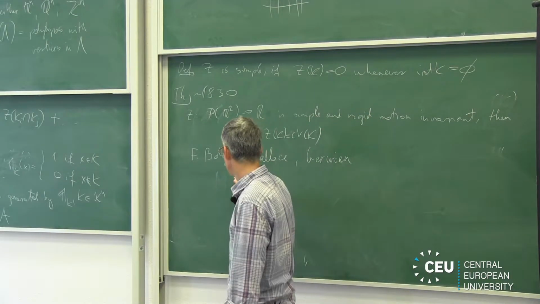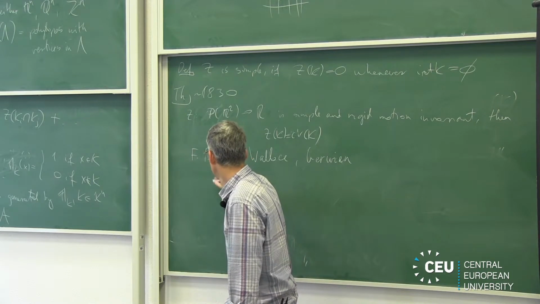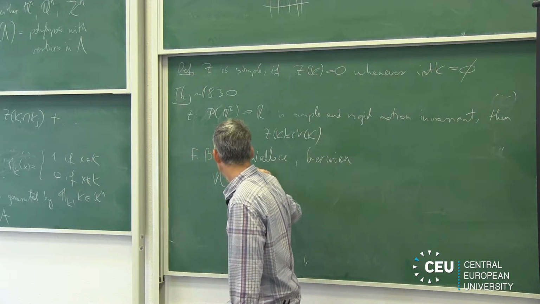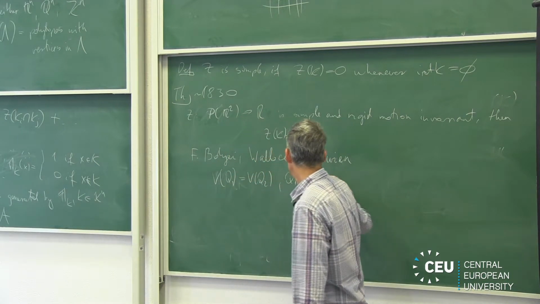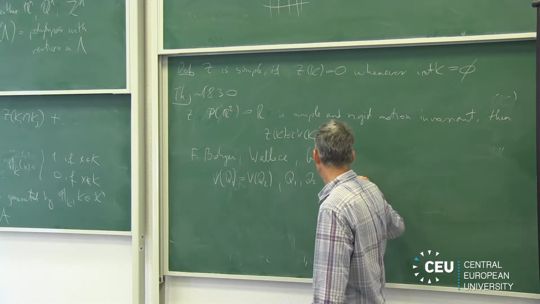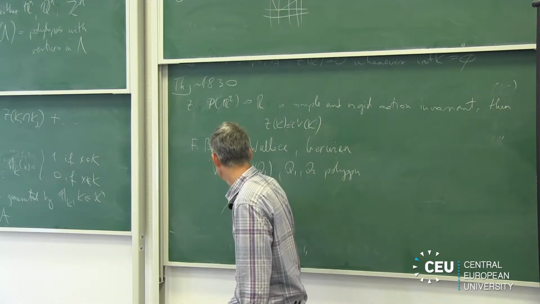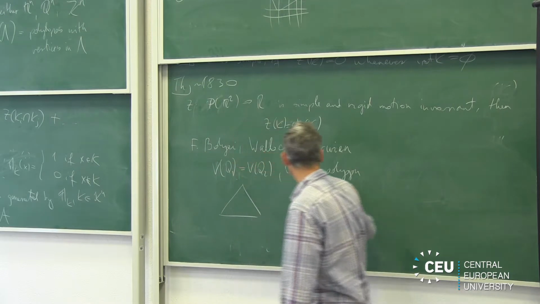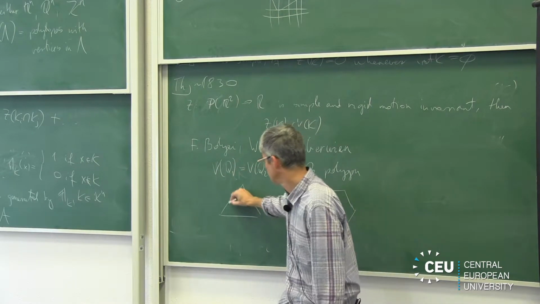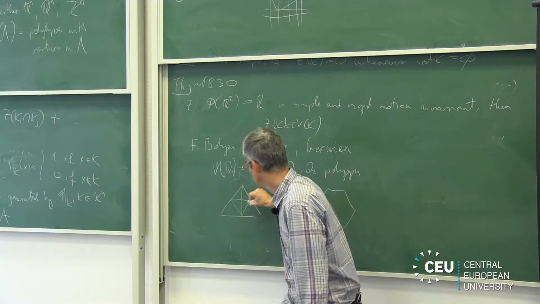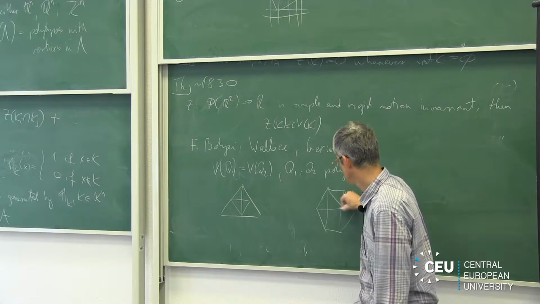But they proved that if I have 2 polygons with the same area, then you can dissect one into the other. So if I have a triangle and maybe a hexagon, you can subdivide this into pieces and subdivide this into other pieces.